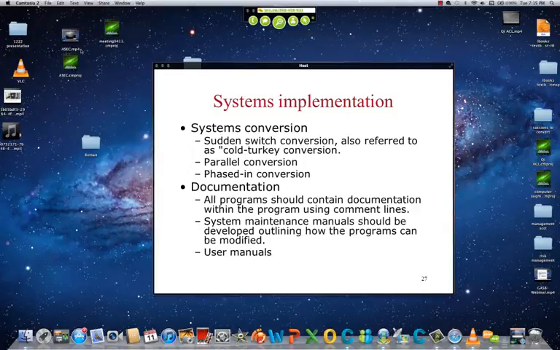I think we discussed it briefly last time, but how do you switch to a new system? One option is very radical, which I told you about last time. It's called cold turkey, a sudden switch. So today you use an old system, tomorrow you use the new one. That's it.